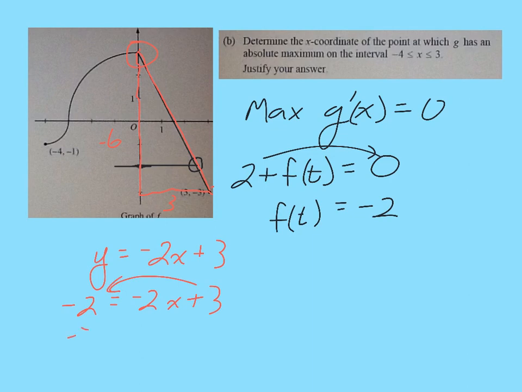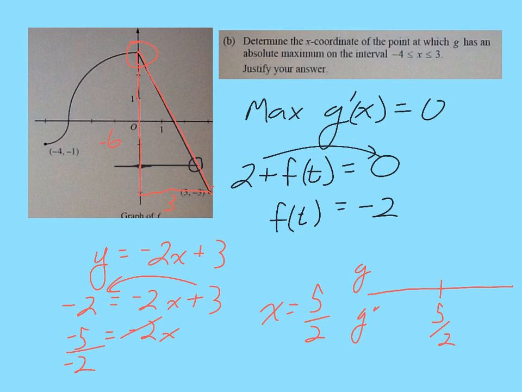That becomes negative 5. And I'm going to divide off that negative 2. And x equals 5 halves is the only point where my derivative is equal to 0. And if we look at g prime, we'll see there's 5 halves.